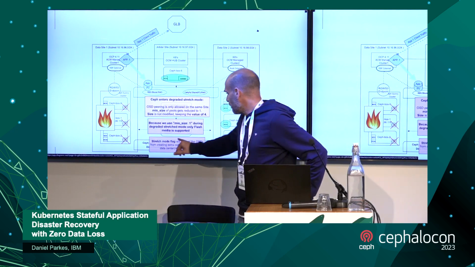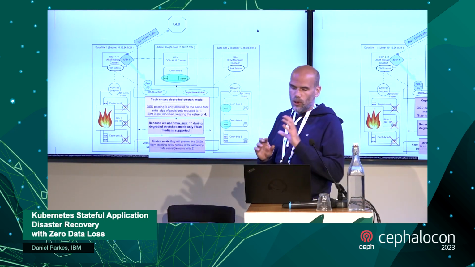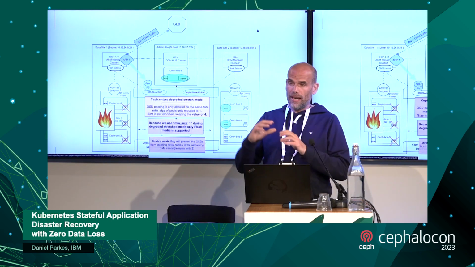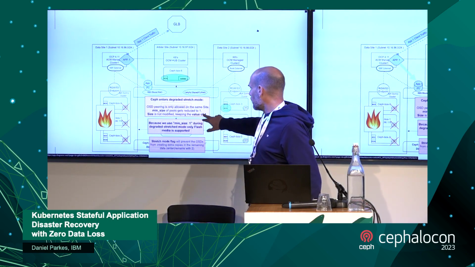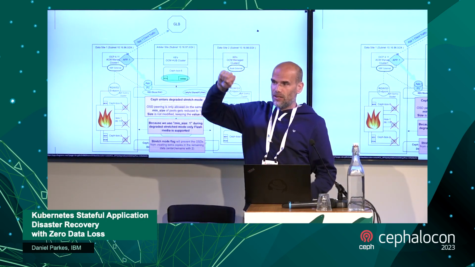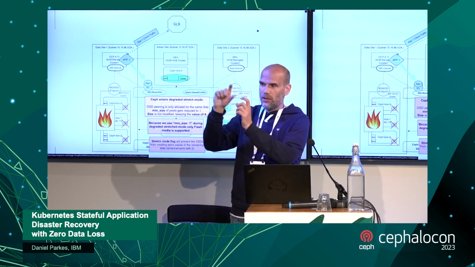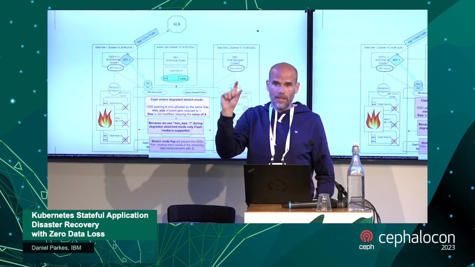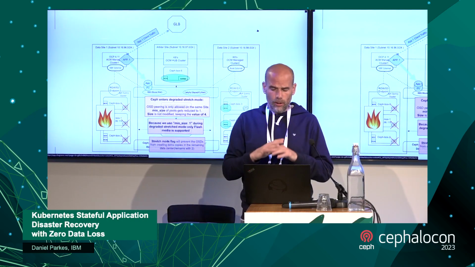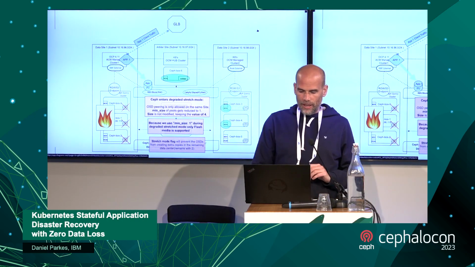The other thing is that there's a special stretch mode flag that is set, so even if our size keeps the value of 4, when we remain with a single site, it's not going to look for new OSDs to try to fulfill the 4 copies. It's going to stay with only 2 without trying to go to 4. But all of this is really done for us by the cluster.